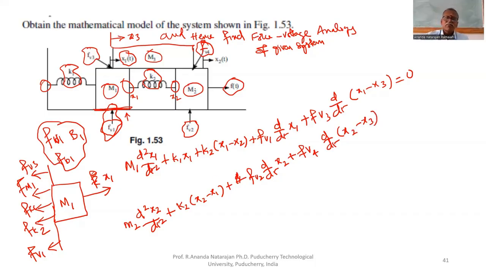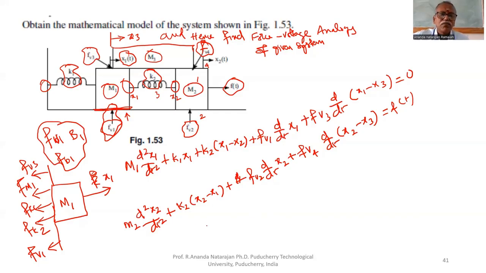How many forces? Four reaction forces: 1, 2, 3, 4. Applied force is F of t. That's all.